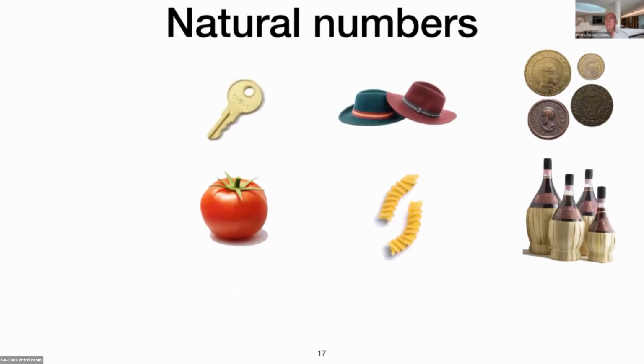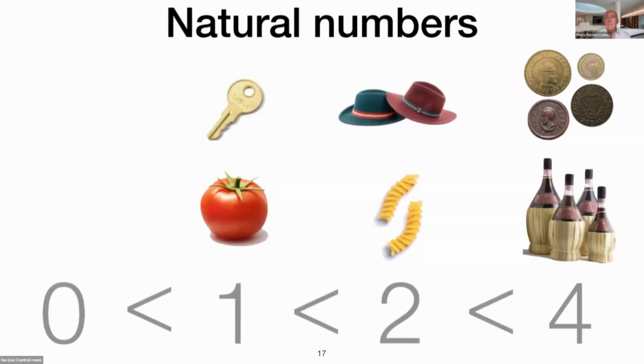If you ask a mathematician, what is a number? They say, well, numbers are equivalence classes between sets. If you can put in one-to-one correspondence all the elements of one set to all the elements of another set, then they have the same number of objects inside. And there are very interesting relationships: not only is there the abstraction of how many objects there are, but also we have an ordering of these numbers.